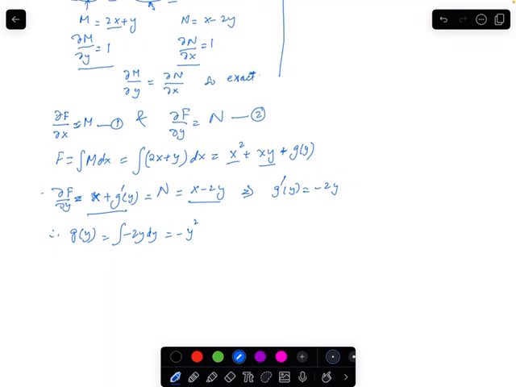Therefore, we can now go back and plug it in the F. So F of x, y is equal to, we had already found it, x squared plus xy, plus, actually minus y squared. And then we usually say this is equal to c. So how do I write my final answer?